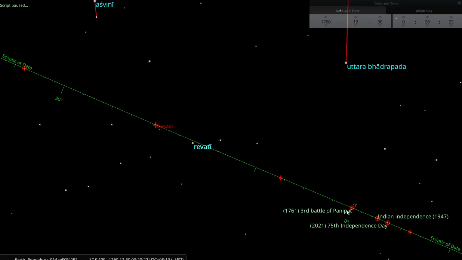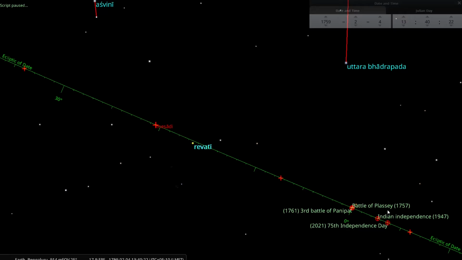Now, the third battle of Panipat is the one where the Maratha army under the leadership of Sadashivarav Bhau lost to Ahmad Shah Durrani. And this marked the beginning of the end of Maratha supremacy or suzerainty over India. But the interesting point is, just a few years before that, in fact just 4 years before that, was another famous battle, the Battle of Plassey.